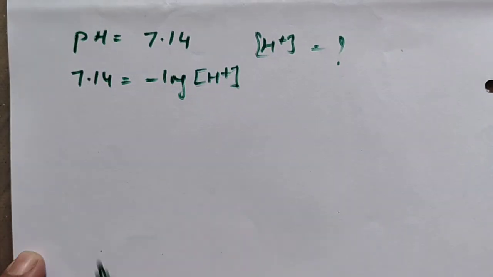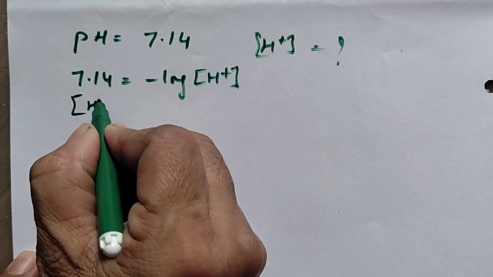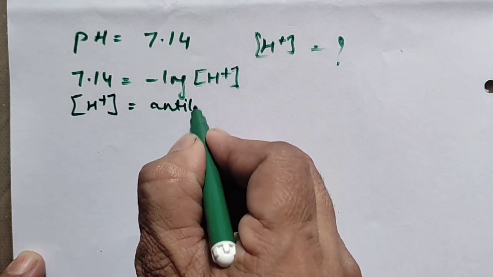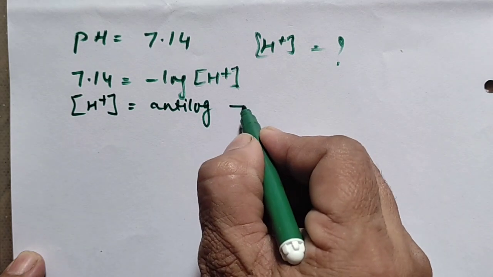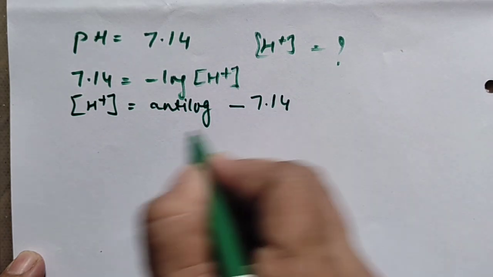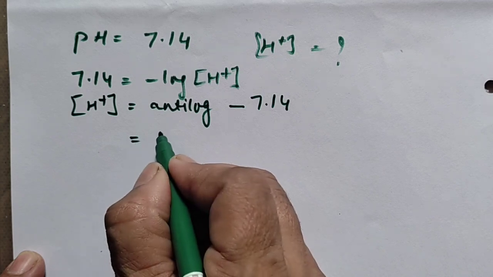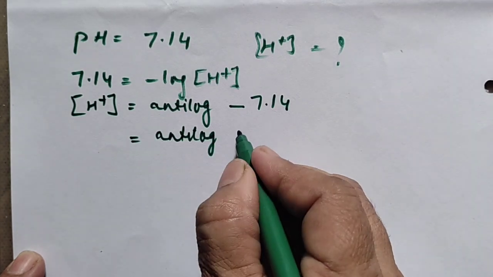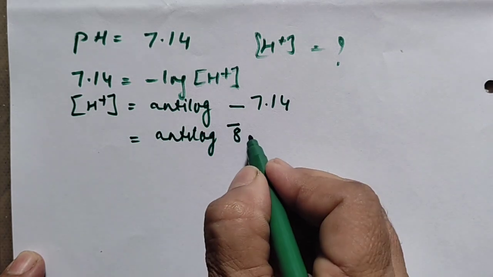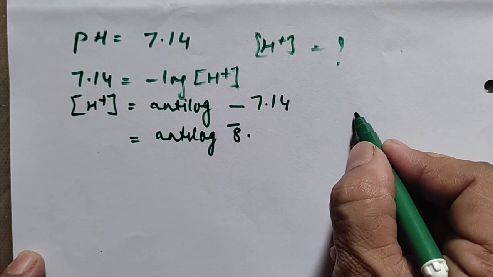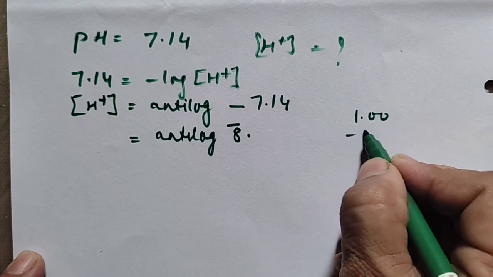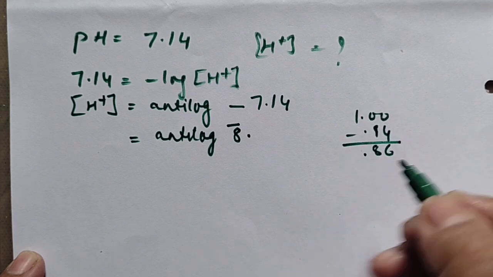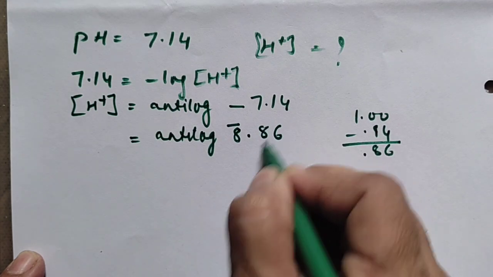So the H plus concentration will be equal to antilog of minus 7.14. And that minus, how are we going to write it down? Before decimal, increase by 1, it will become minus 8. After decimal you subtract from 1. So 1 minus 0.14 gives 0.86, and this is 8 bar. So you will write this as bar 8.86.